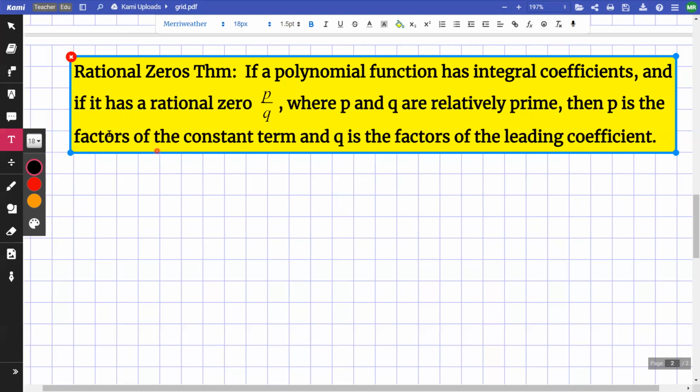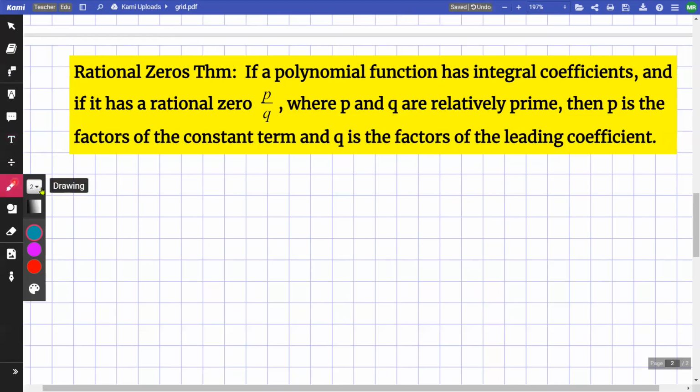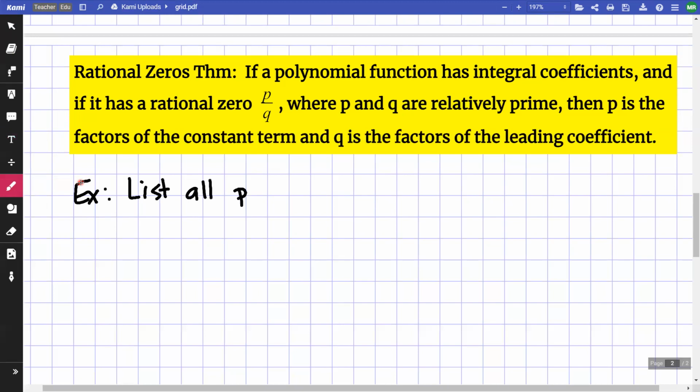Okay, so let's say we had the following problem. And I'm going to break it up into 2 questions. Let's say that they only asked this, and they said that they wanted us to list all possible rational solutions of the following.